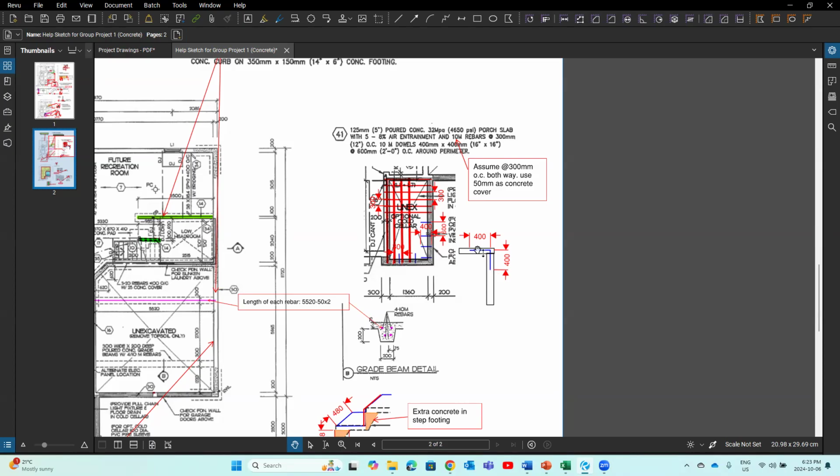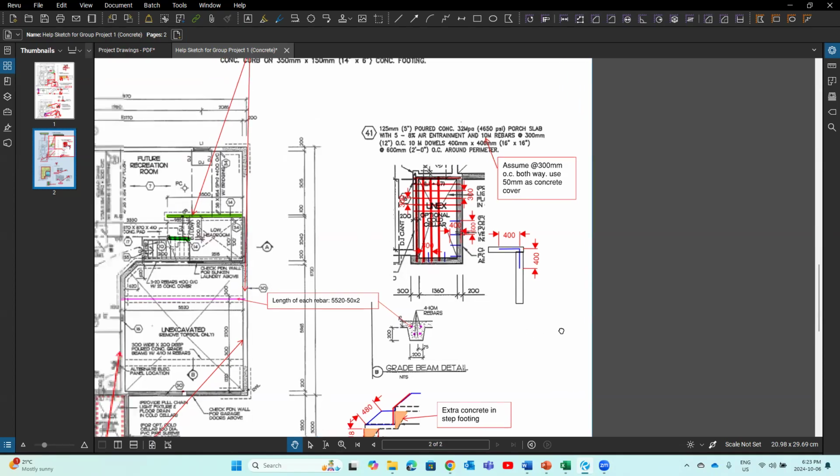The length of each is 400 millimeter plus 400 millimeter, that's 800 millimeter. They are laid out every 600 millimeter around here, so you take this dimension and divide by 600 millimeter to get how many. Multiply the length of each by how many to get the total length, then convert to kilograms, same idea.